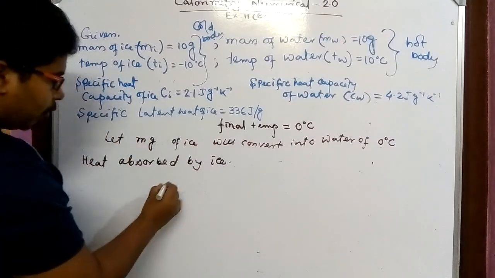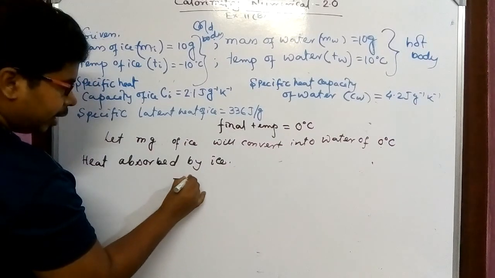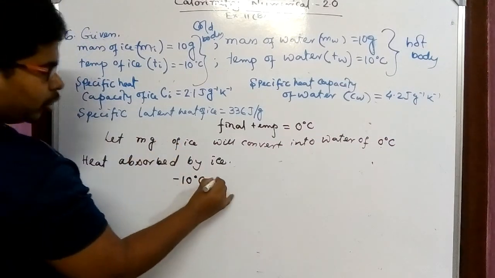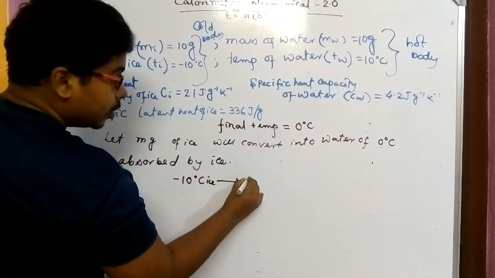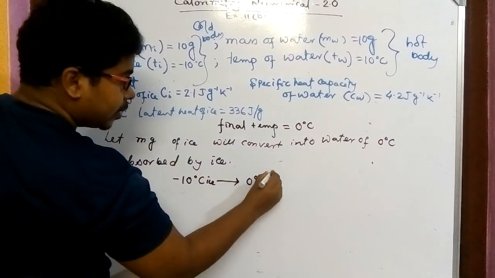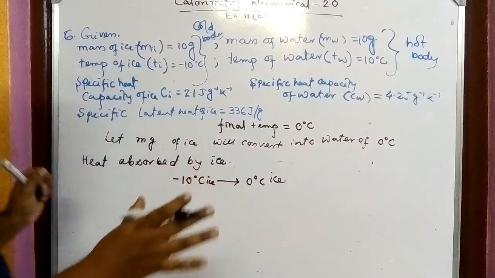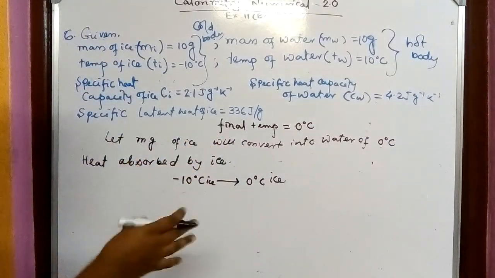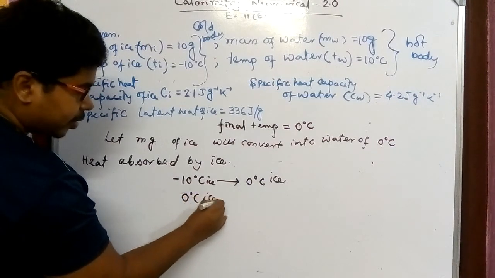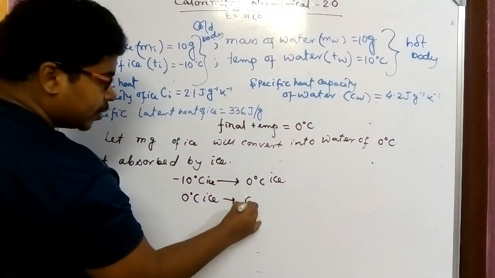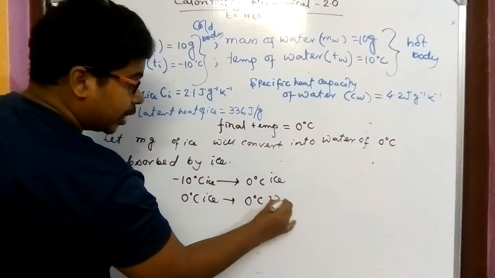One, minus 10 degree centigrade ice to 0 degree centigrade ice. That is a phase. Okay. And then 0 degree centigrade ice to 0 degree centigrade water.